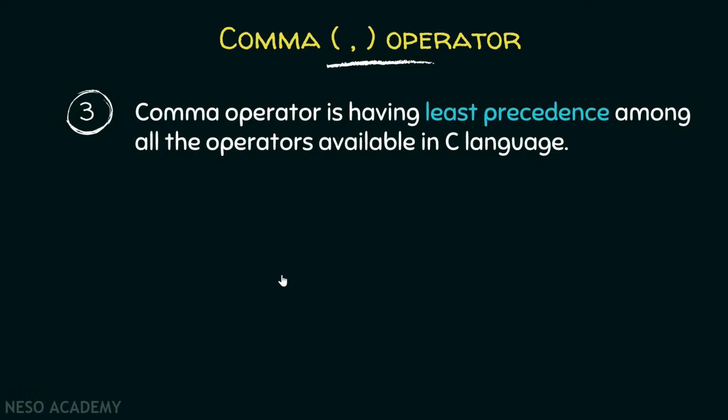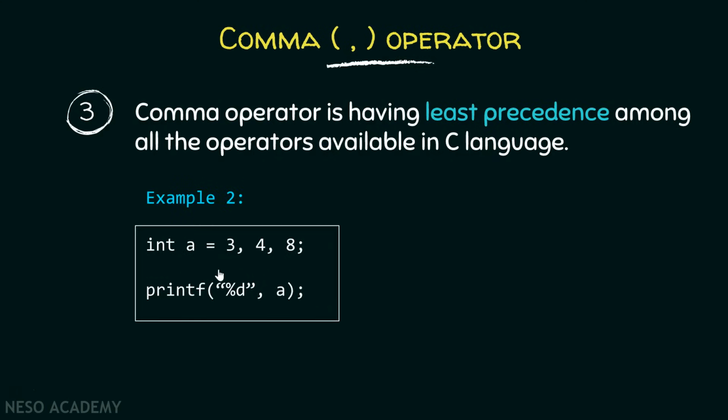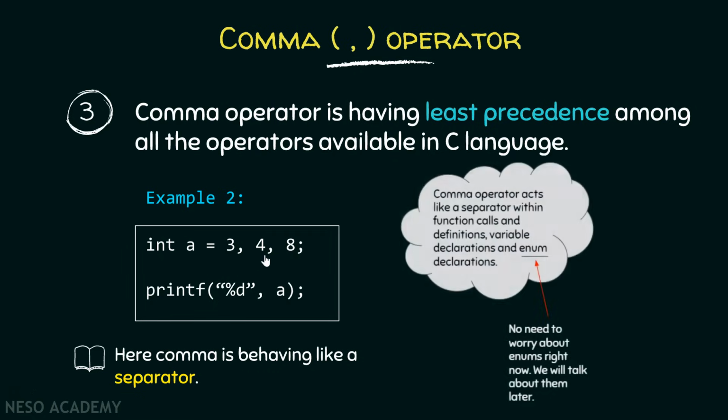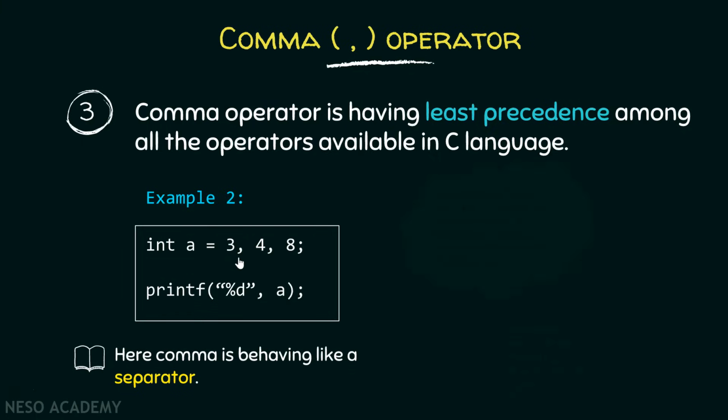Okay, let's consider one more example. Here in this example, instead of writing a equals to 3, 4, 8 in a separate line, I'm writing this at the time of declaration itself. Now what is the difference? First of all, here comma is behaving like a separator. Why? Because comma operator acts like a separator when used within function calls, function definitions, variable declarations, and enum declarations. Now let's consider this particular statement separately in order to understand this in a better way.